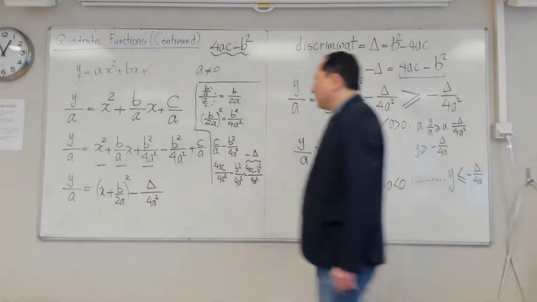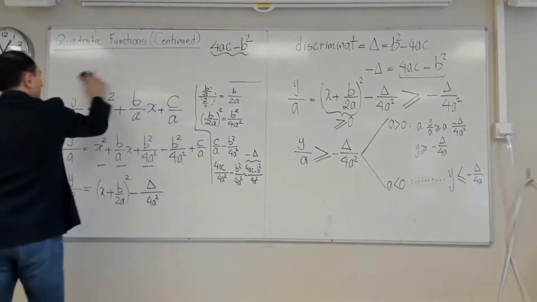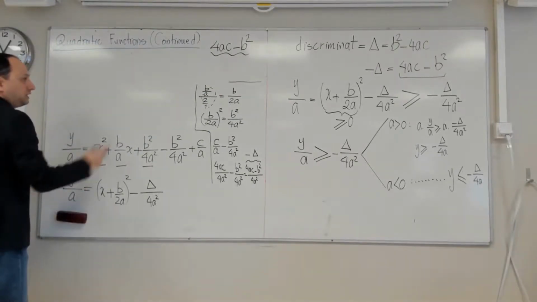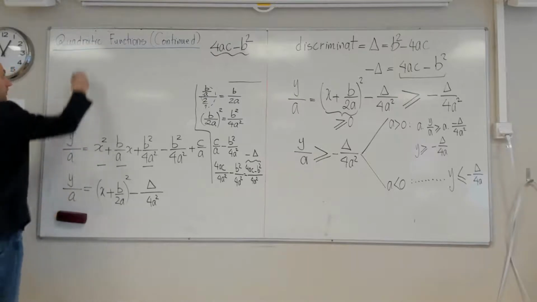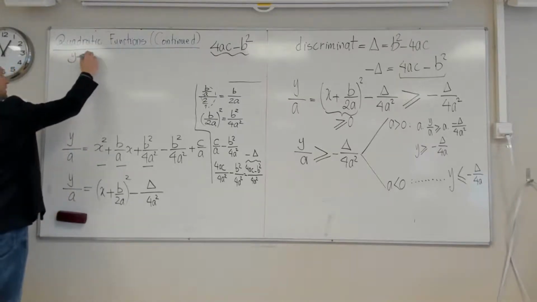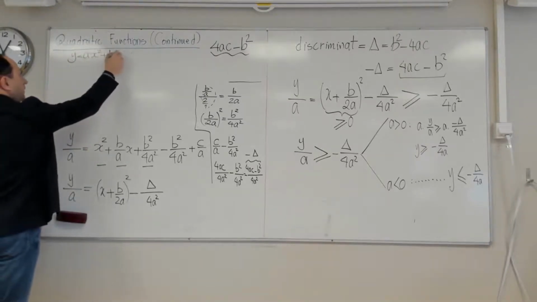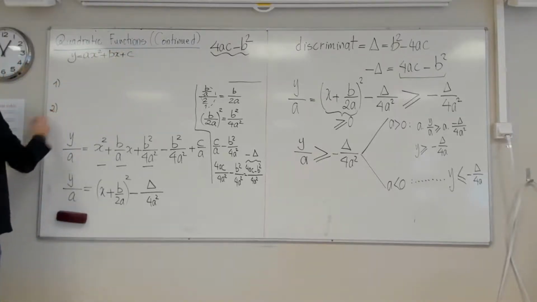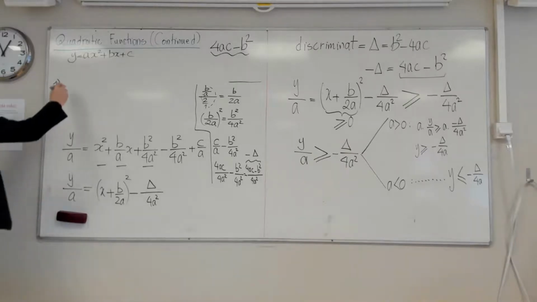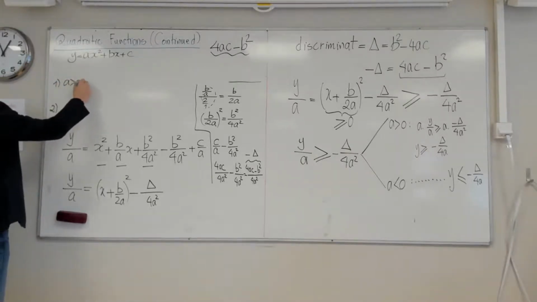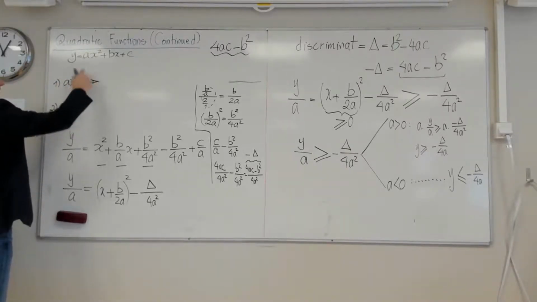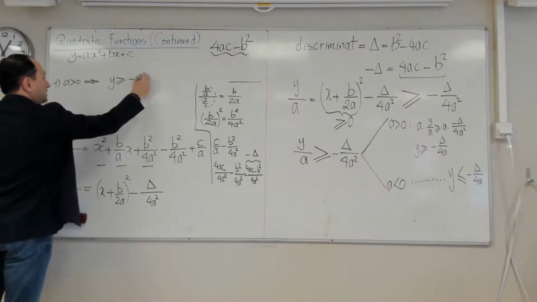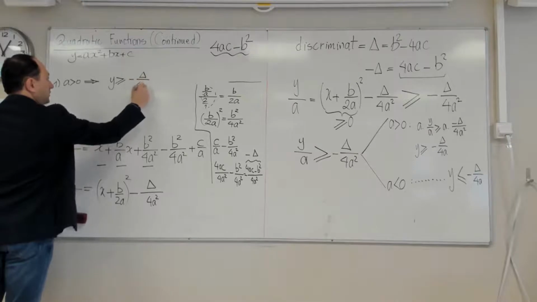Okay? So let me collect what I have so far. Let me write the y again. I was working with this y. I realized that there are two possibilities. If a is positive, then y is greater than or equal to minus delta divided by 4a.